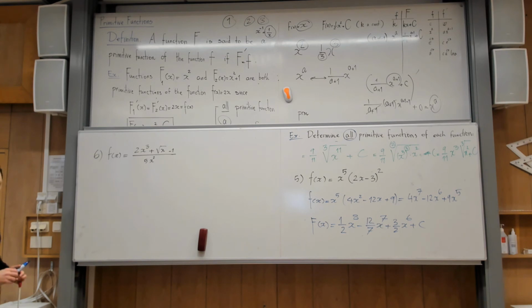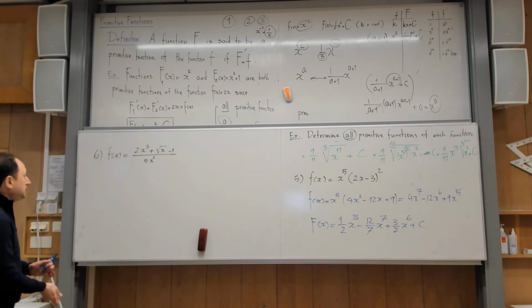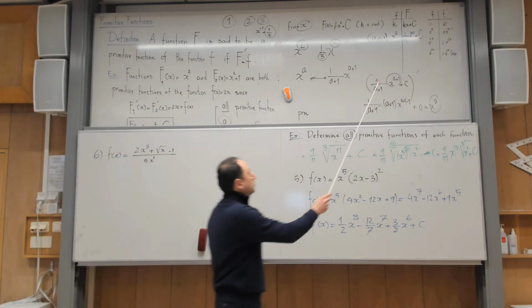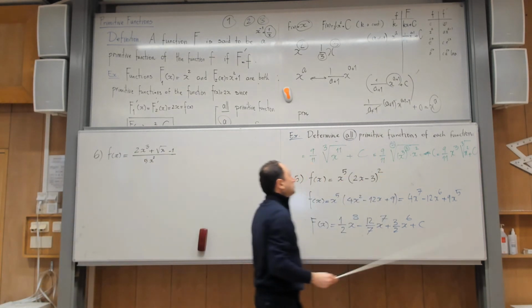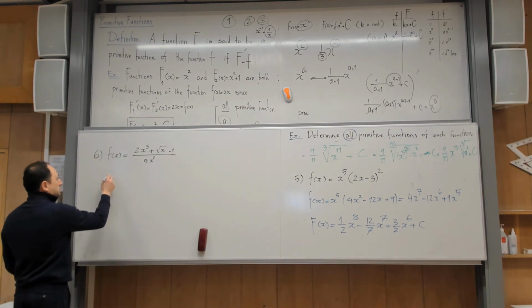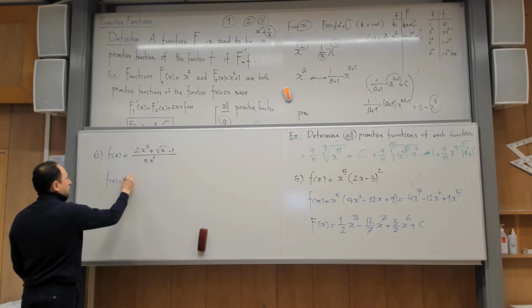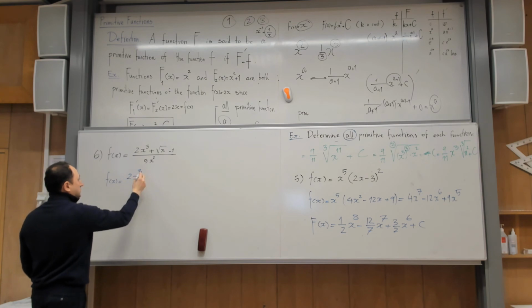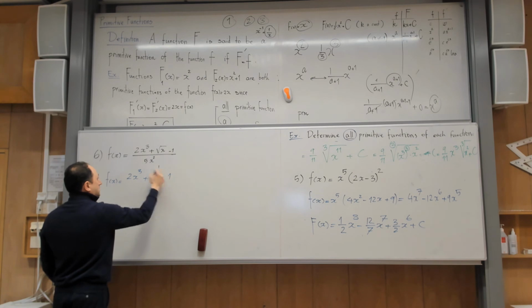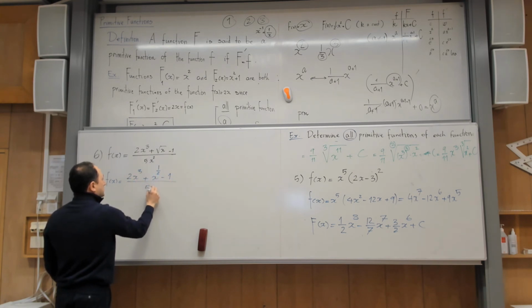Okay. Now, again, I cannot immediately start the process of primitive functions because I can only use these formulas and the roots, yes? So what can I do? I have to simplify this function and put it in a form that I can manage. How? I would write f of x is equal to 2x to the 3 plus this one, I can write this, minus that, and then divided by 5x squared.